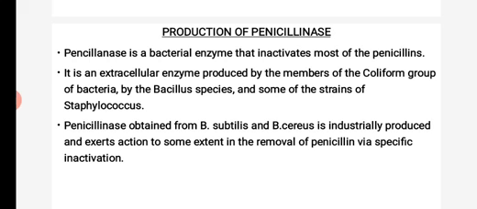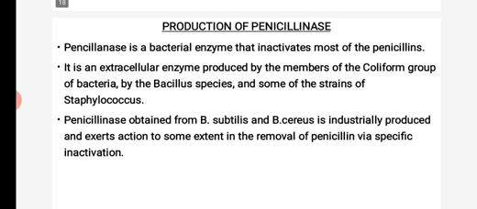When the question is about penicillinase, you should write the general consideration for the production of penicillinase, and you should specify the microorganism name, that is, it is obtained from Bacillus subtilis, Bacillus cereus.